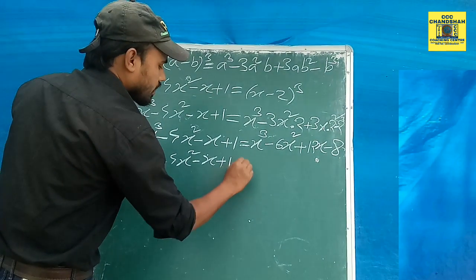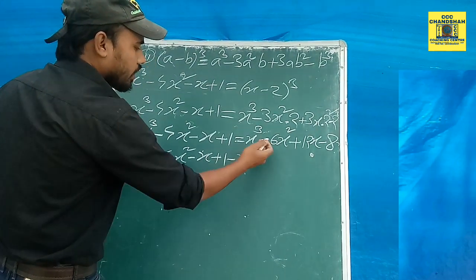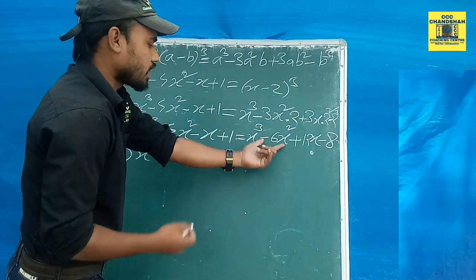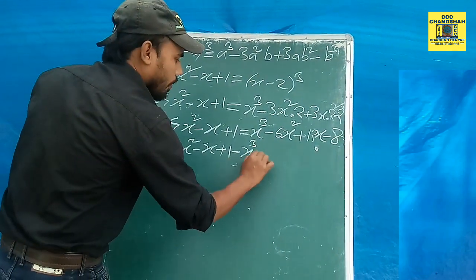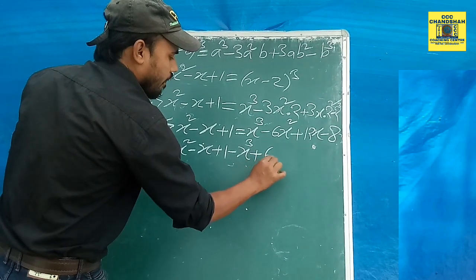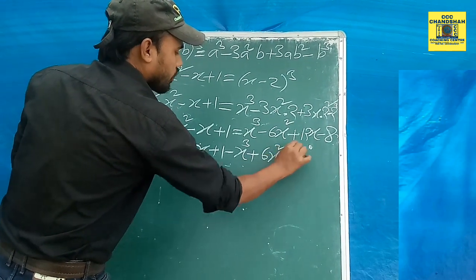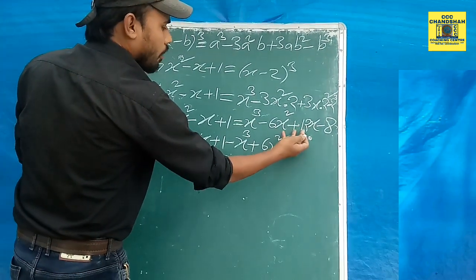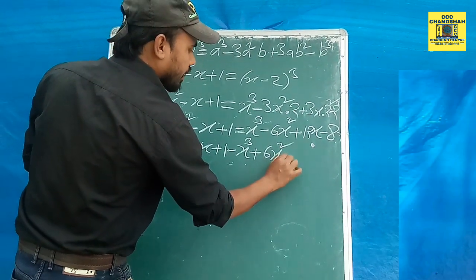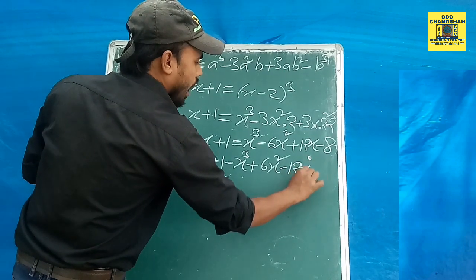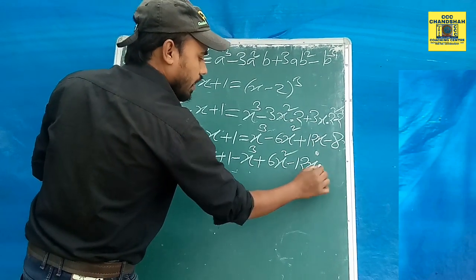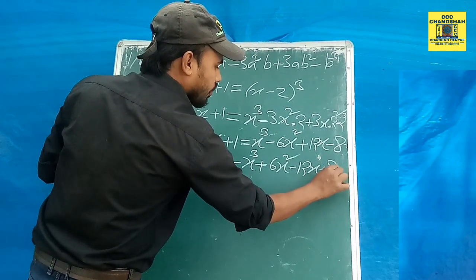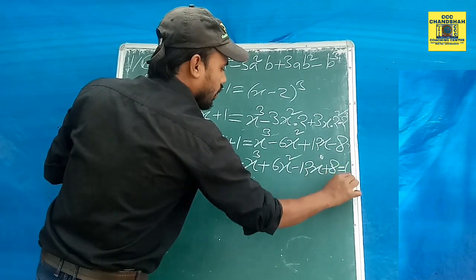So minus x cube, then this minus 6x square would be replaced by plus 6x square. Then this plus 12x would be replaced by minus 12x, and this minus 8 would be replaced by plus 8, is equal to 0.